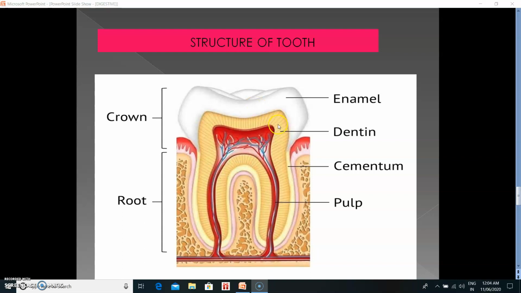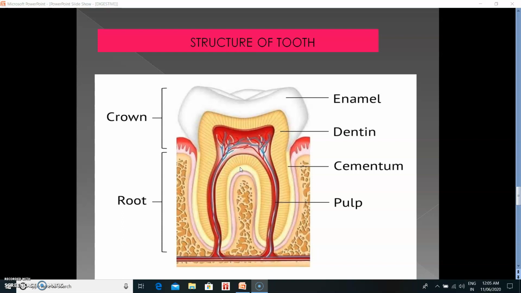Beneath the enamel is your dentine, which forms the bulk of the tooth. And beneath the dentine, there is a pulp cavity that contains nerves and blood vessels. Clear? Now you know very well that there is the common problem of tooth decay, right?